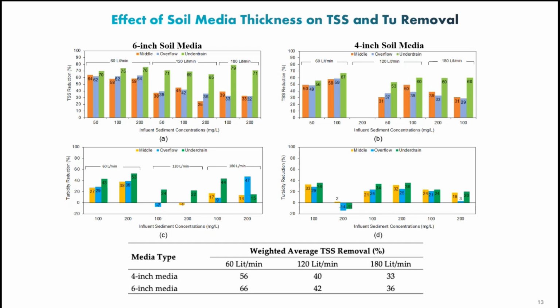For 60 liters per minute to 33 to 36. So those are not significant differences, but overall, 6 inches of the bisoil with expanded shale perform better. So we decided to continue with the 6-inch, not doing any other tests with the 4 inches. Next slide, please.